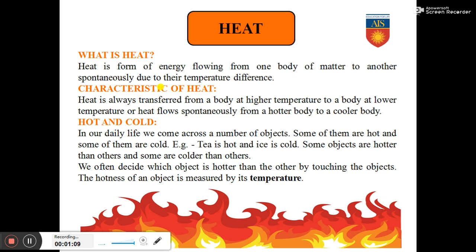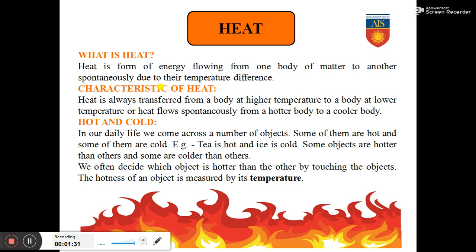So first let's have a look at what is heat. Heat is a form of energy flowing from one body of matter to another spontaneously due to their temperature difference. So what is heat? Heat is basically a form of energy. It's an energy which is flowing from one body of matter.